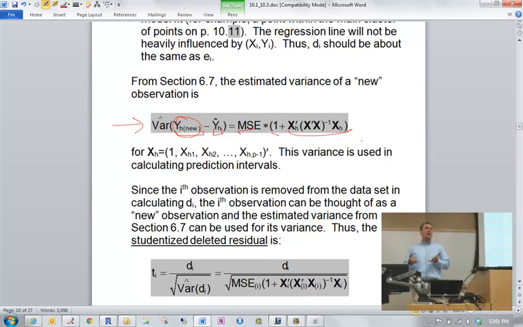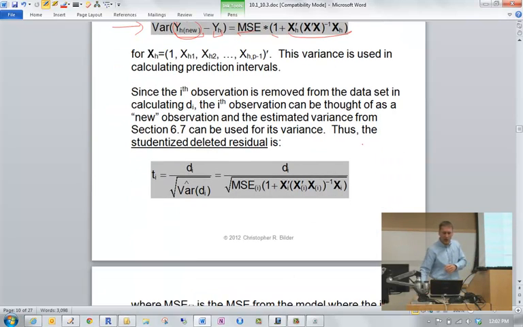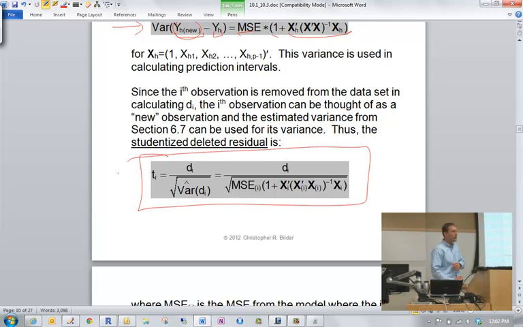Essentially, we have the same circumstance occurring here with a deleted residual, because we're taking out that particular observation from the data set, estimating the model, and now predicting the observation that was removed. So because of that, to get a studentized value, we divide by that variance.